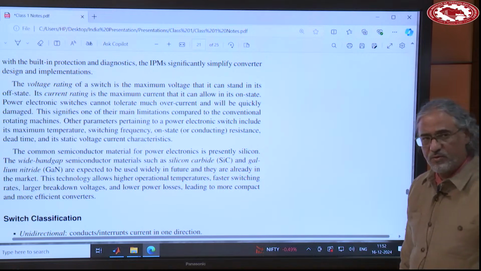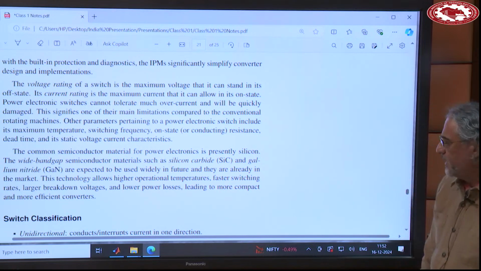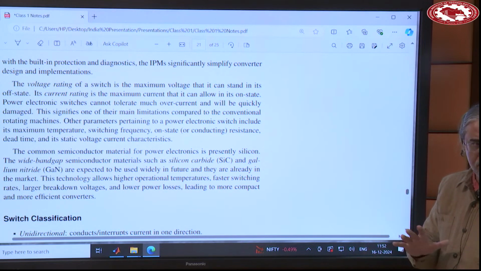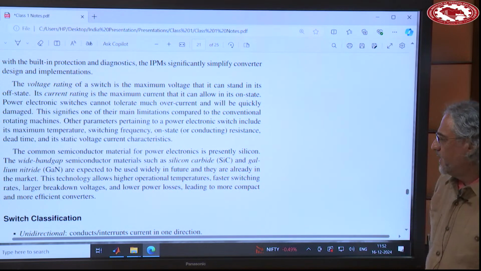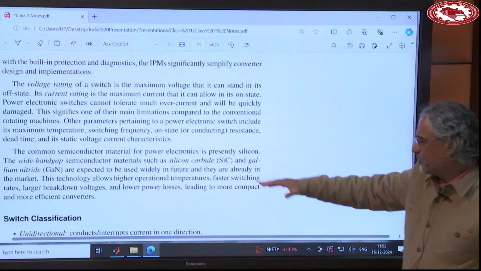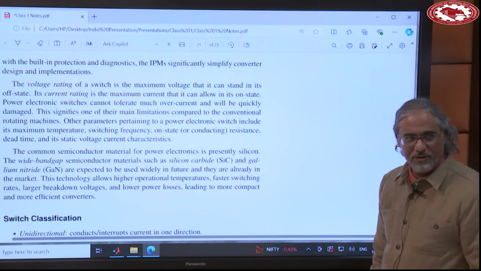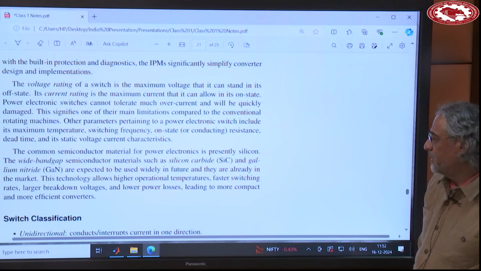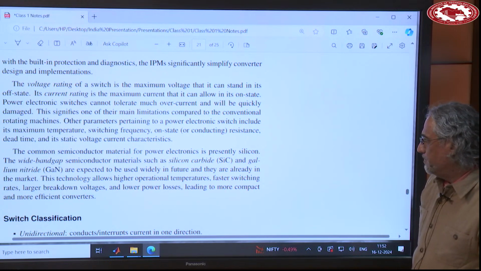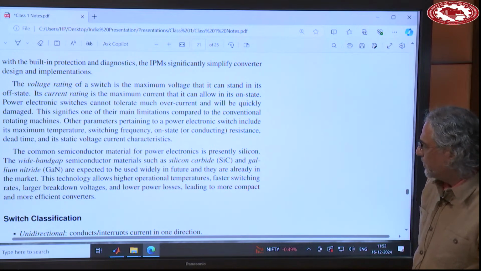Depending on how much power and voltage they can handle, that goes down. There is always a trade-off between the rate of switching and the power that they can handle. But they can switch really very high, up to megahertz, 1 megahertz, 2 megahertz even, some of them. So these are some of the new technologies. I will continue in the next class.